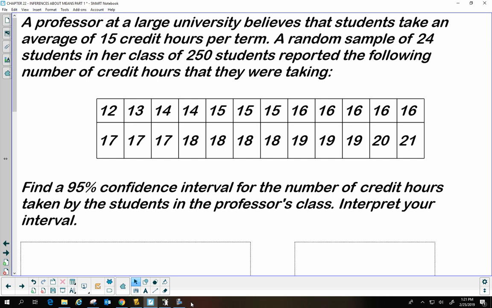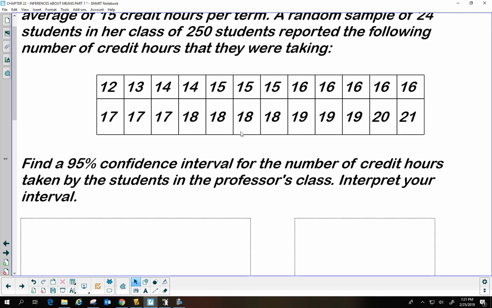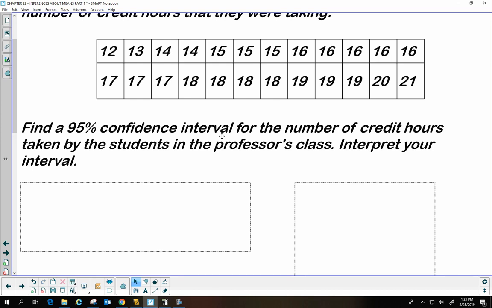She samples 24 of them instead of asking all 250, and she wants to build a confidence interval to try and capture the true average number of credit hours her students take in a term. These are the credit hours for the 24 students that she sampled. I put them into my calculator: I did stat edit, and I put them into a list. We're going to use that information as we make some calculations.